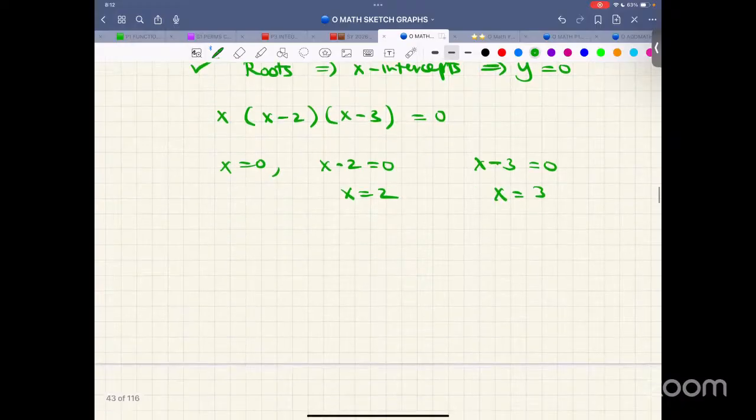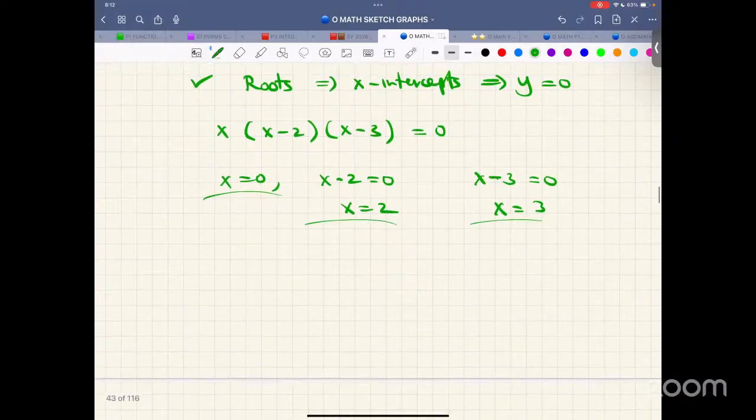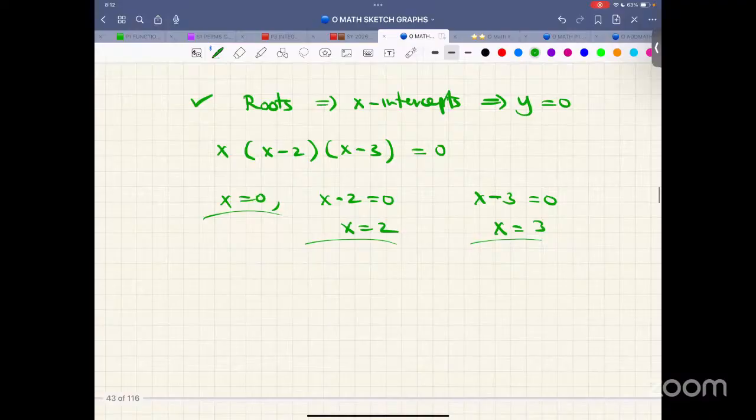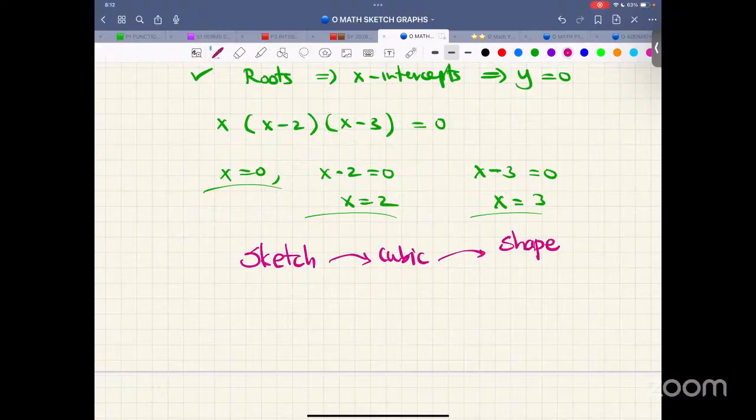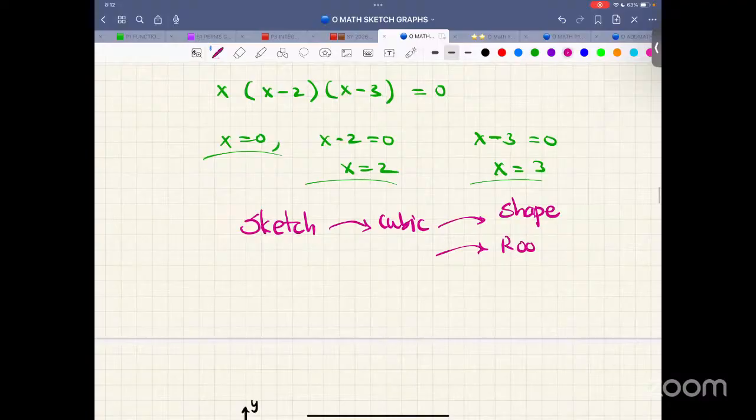So you get three roots. Now based upon these roots, I can sketch a cubic function based upon shape and based upon roots.